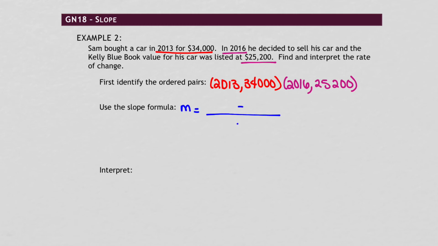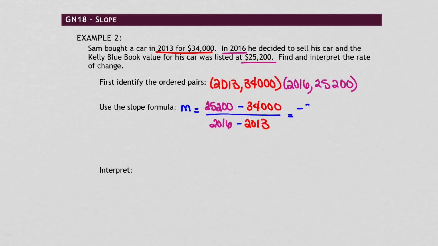And then we'll use the slope formula again. So y value of the second point, subtract the y's, minus the y value of the first. Subtract the x's, x value of the second point minus x value of the first.